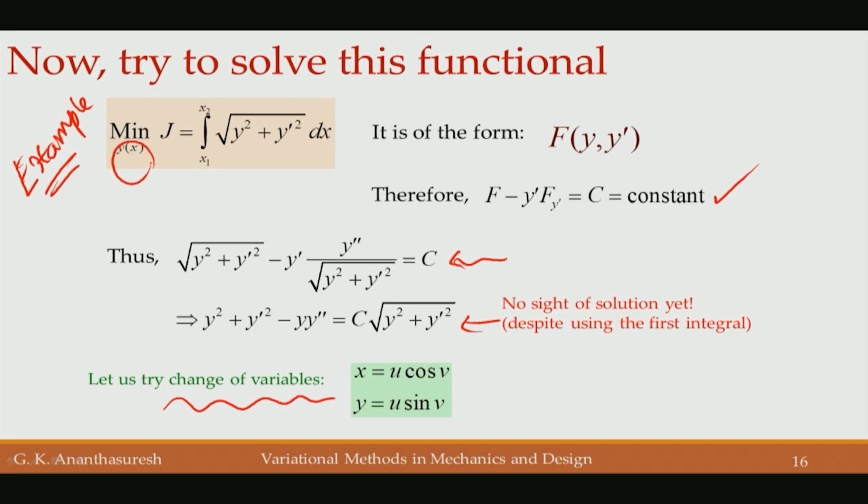So, what we will do is, instead of taking x and y, we take u and v. We had y of x here, but we will take v of u. How do we change the variables? Like this: x equal to u cosine v, y equal to u sine v.